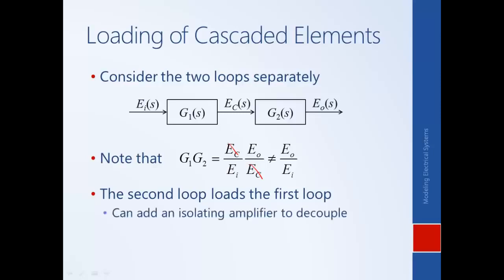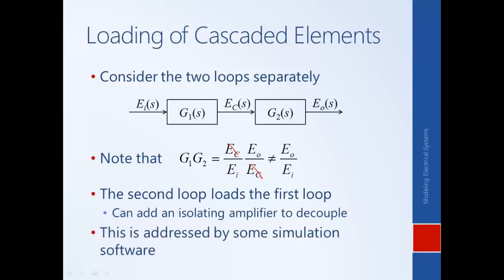One option is to add an isolating amplifier between the two circuits to decouple them so that indeed they are independent, and we can just multiply the transfer functions in series. If we don't have that situation, then we need to consider both circuits or both loops simultaneously. This idea is addressed by some simulation software but not others.